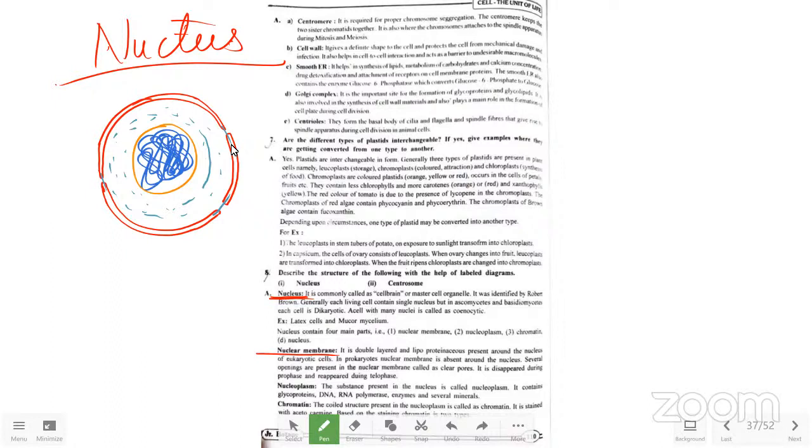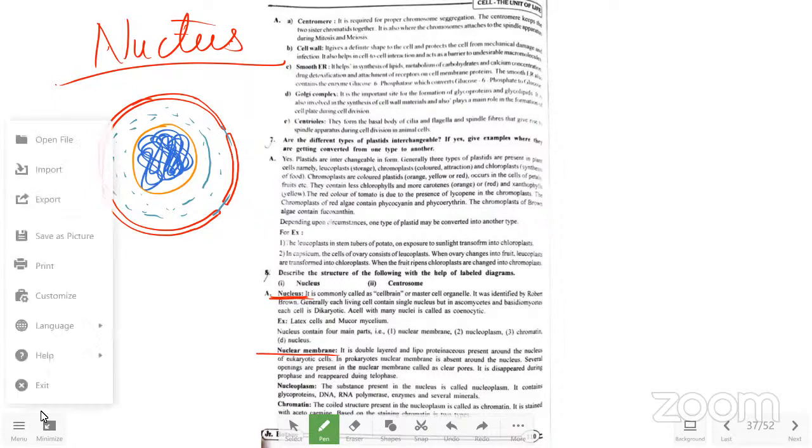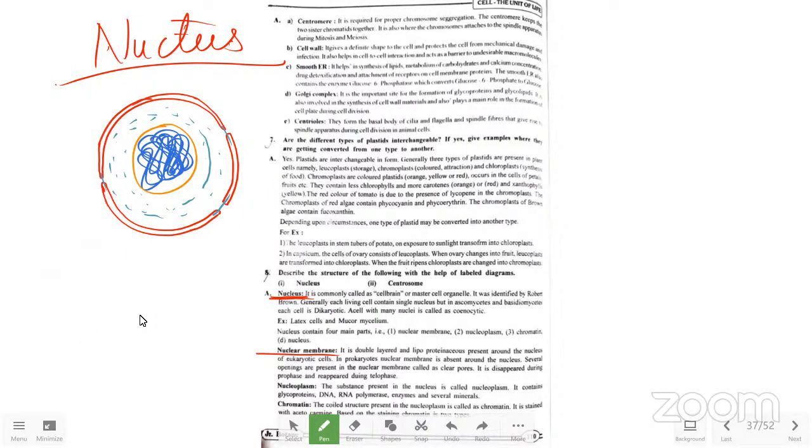The nucleus controls the complete behavior of the cell. We can call the nucleus the cell brain.